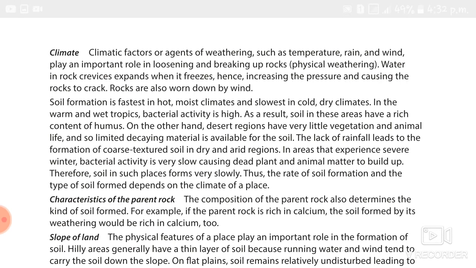So some factors affect the soil formation: climate, characteristics of the parent rock, and also the slope of land. Understand, everyone? The next topic we are going to study is soil profile.